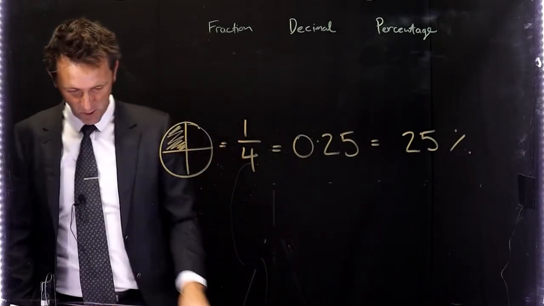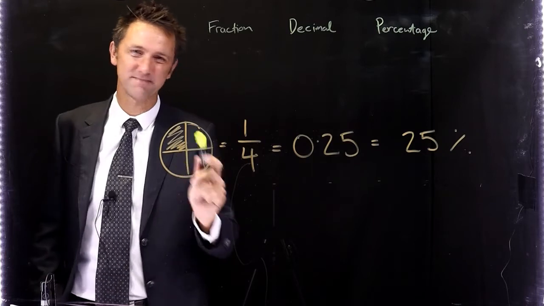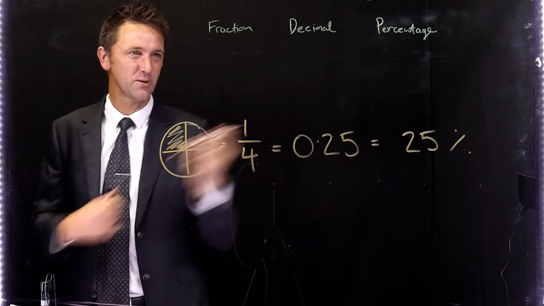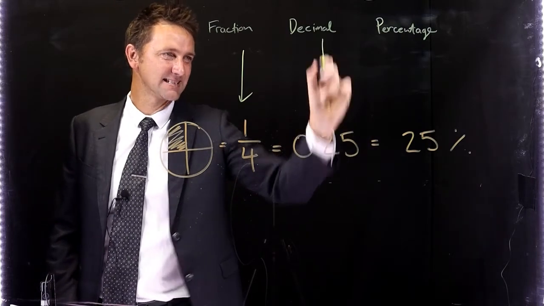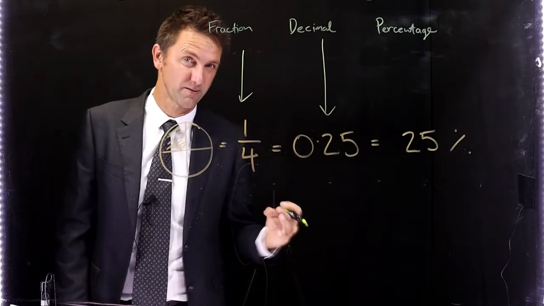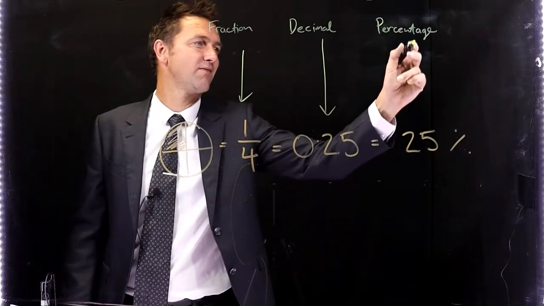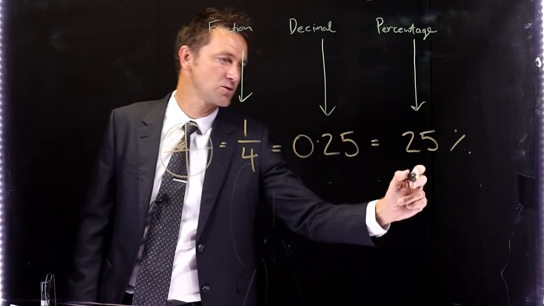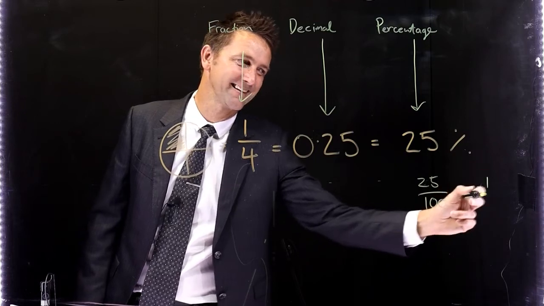Let's look at another set of equivalences. Here's another very common one that you should get to know. We're looking at a quarter, and of course here's a quarter of the pizza pie here. Here is a quarter as a fraction. Here is a quarter as a decimal. Now that's 0.25, which is basically 1/4 of 1, which is why it's a quarter. And here is 25%, which again is like saying 25 over 100, which if you simplify is just going to equal a quarter.